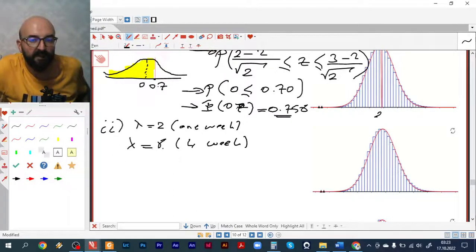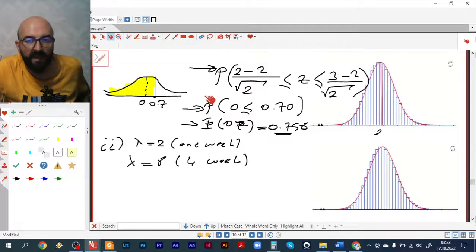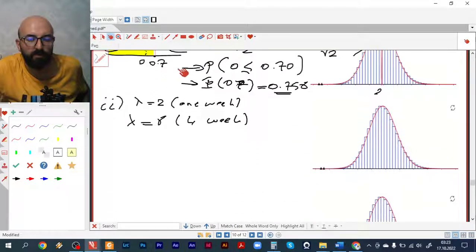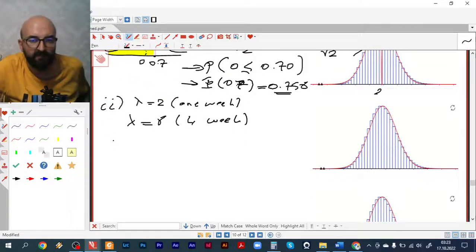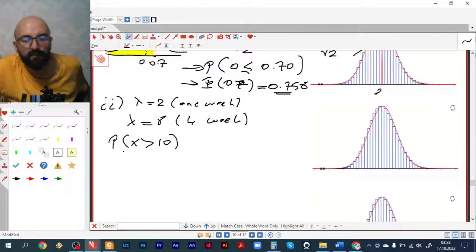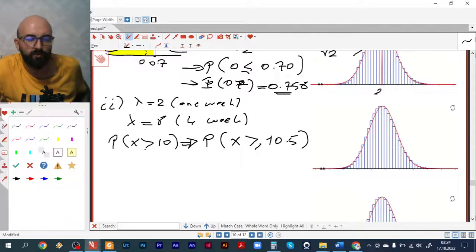The new lambda is 8. Over 10 potholes means the probability of x over 10, and for the normal distribution, we make x greater than or equal to 10.5, because we don't want to include 10.